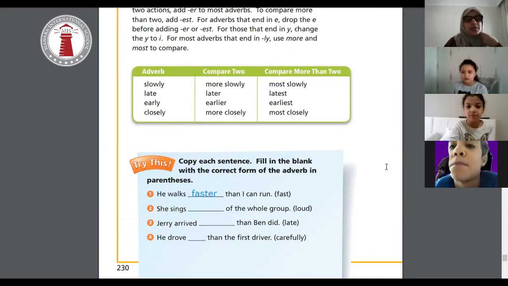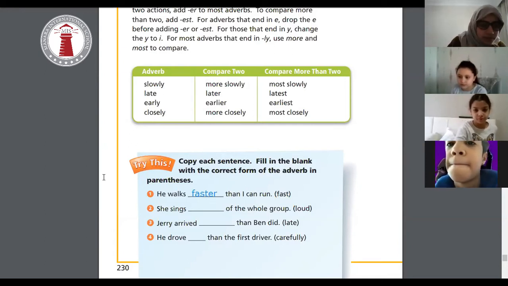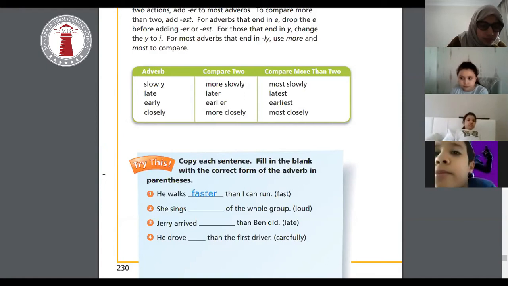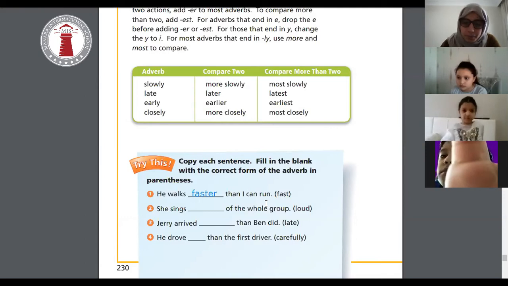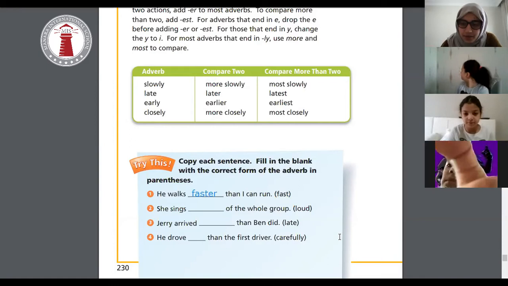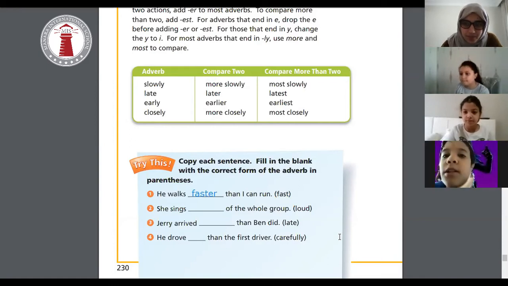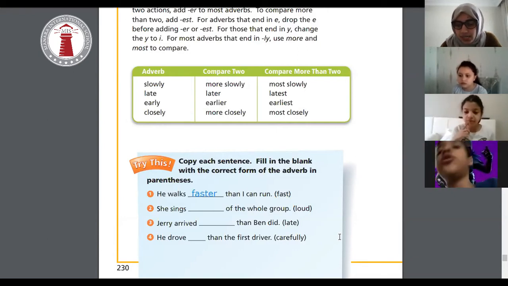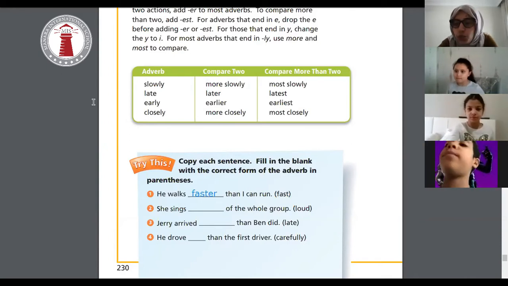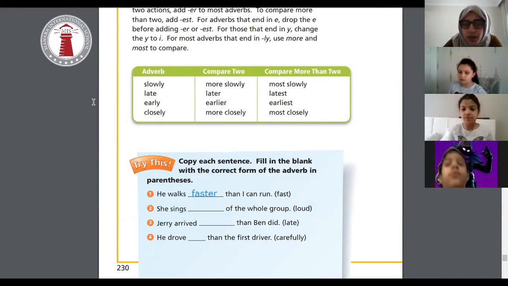Okay, next one. Yamin, read number 2, please. The page where we are, I didn't know. We're on page 250, but my book that I have here is different, so stay on 250.